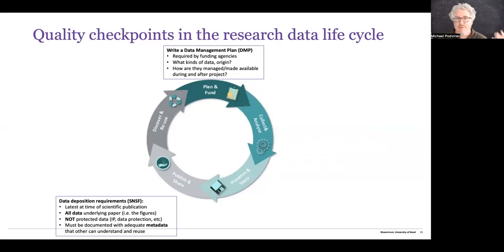Roughly said, anything that goes into a figure, but of course not data that for some reason is protected and cannot be published. And SNSF asks that you document the data sets in a way that is adequate, so that others can understand and reuse them. That's a bit of a difficult definition, but at least in spirit, this is exactly what we want.